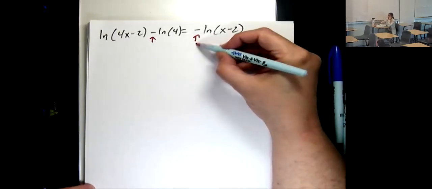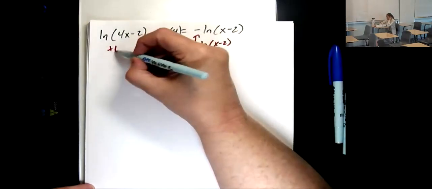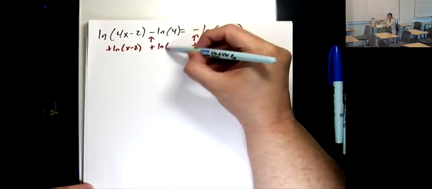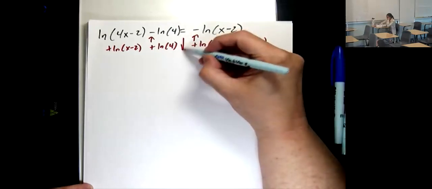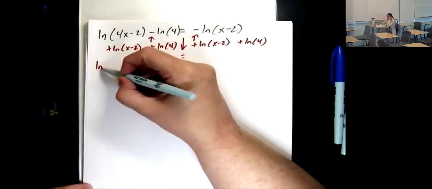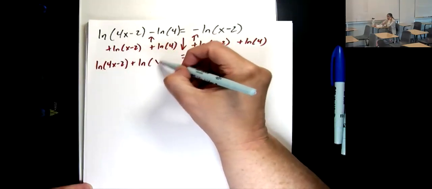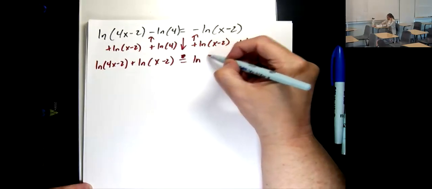is to add the ln of x minus 2 to both sides, and then add the ln of 4 to both sides. If you do that, you have ln of 4x minus 2 plus ln of x minus 2 equals ln of 4.